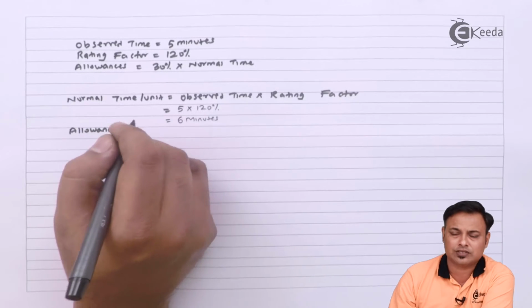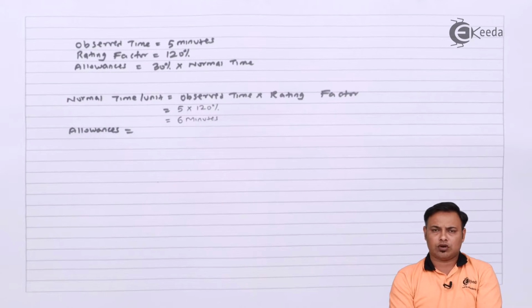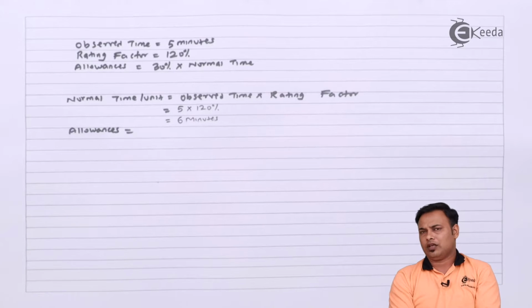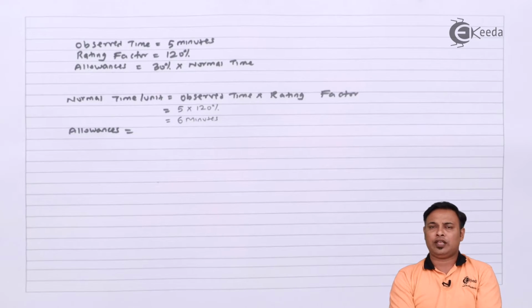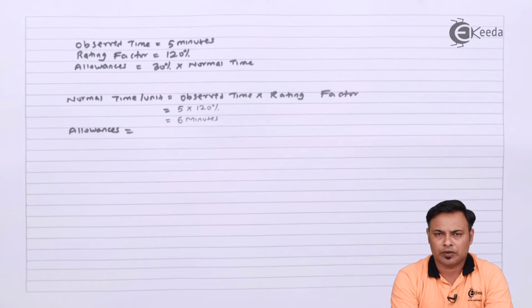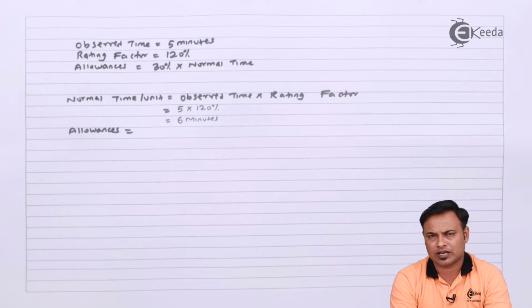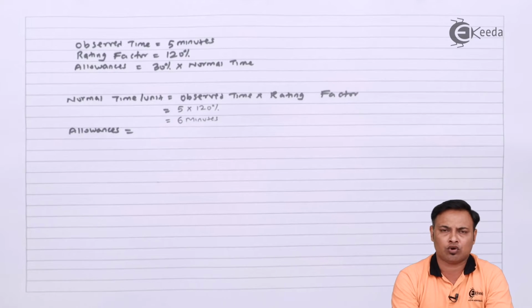Now allowances is nothing but that portion of the time in the production which is lost because of the human inefficiency which cannot be avoided at all. See, we are human beings. Human beings are not expected to work continuously. Even if it is a machine, machines can work continuously, robots can work continuously till the time they are not overheated.